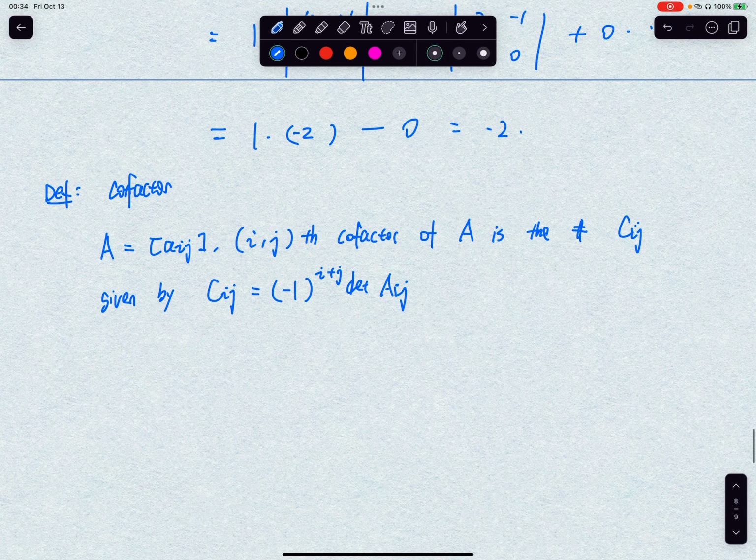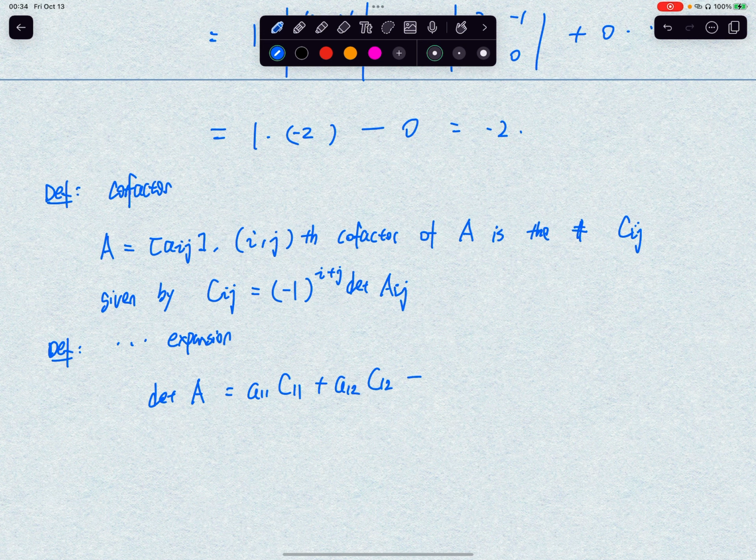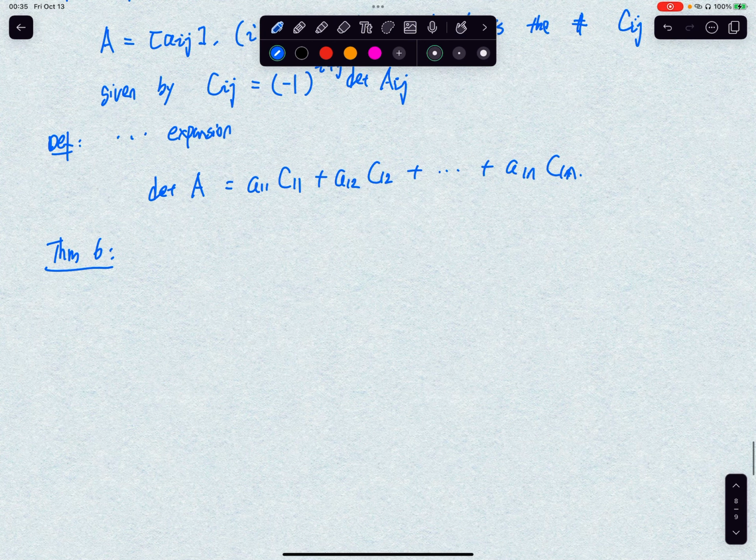So let me write this down. It's cofactor expansion. That is, determinant of A equals a11 C11 plus a12 C12 plus all the way down to a1n C1n. And we arrive at another result. The determinant of an n by n matrix A can be computed by a cofactor expansion across any row or down any column.